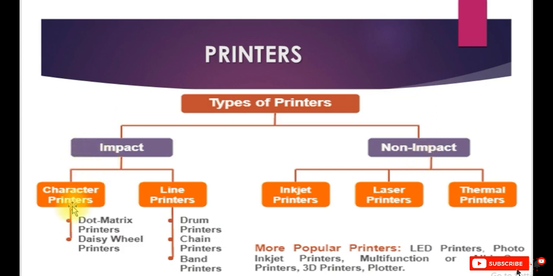Where impact printers are concerned, again, there are different classifications. So you have those printers that produce prints per character. So in other words, based on the technology behind the printer, it actually prints by printing one character at a time. And those printers would have been quite slow. Just imagine printing, for instance, let's just say you're printing even this presentation here, which is 27 slides.